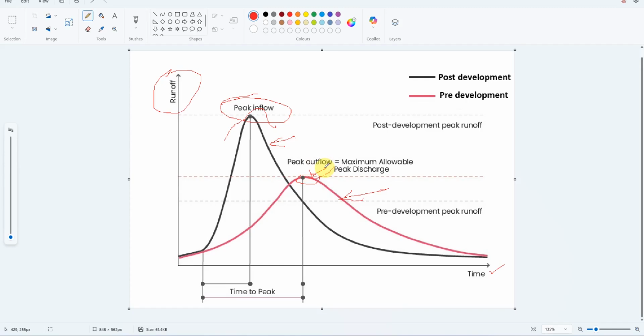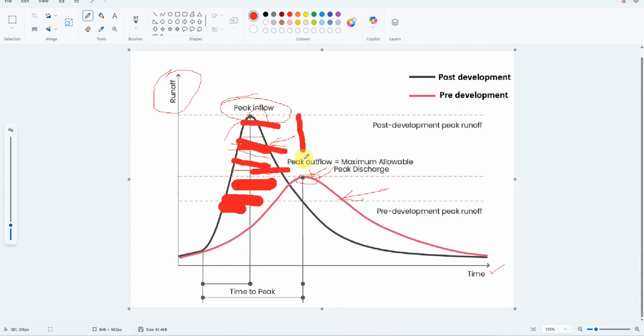So you can clearly see there is a rise in the storm runoff. If I can highlight that here, this is the additional runoff which the site generates.